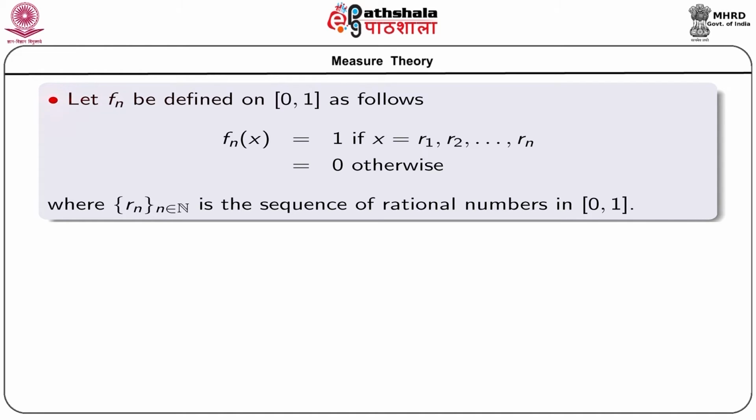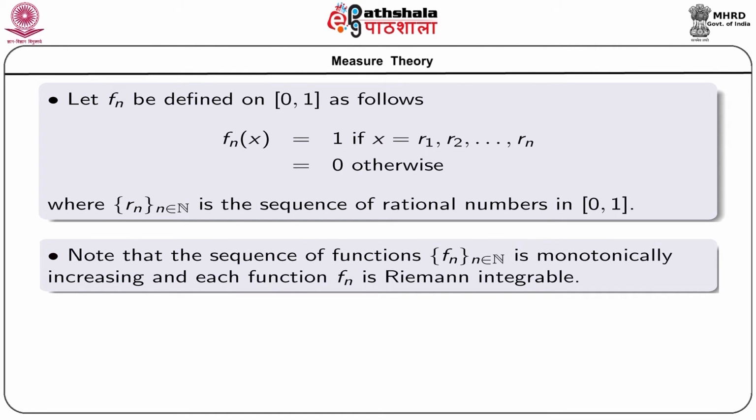F n(x) is equal to 1 if x is equal to r1, r2, ..., rn, and 0 otherwise, where r n, n belonging to N, is the sequence of rational numbers in closed 0 1. Note that this sequence of functions F n is monotonically increasing, that is, f1 is less or equal to f2, less or equal to f3, etc.